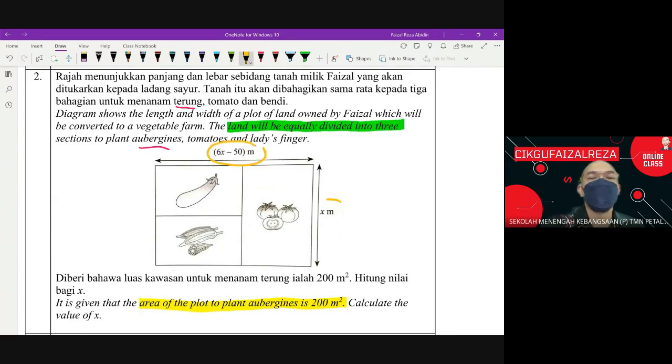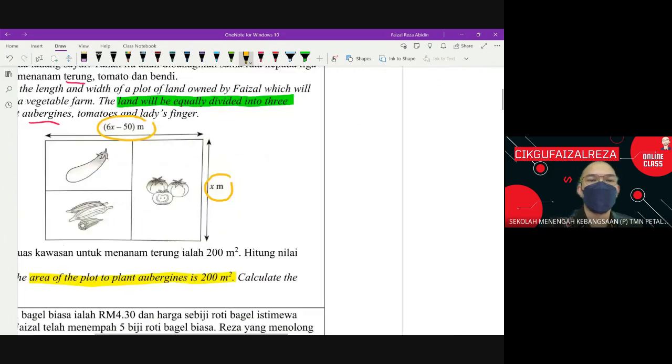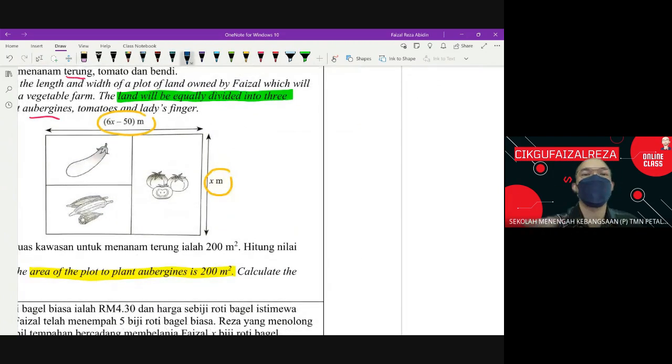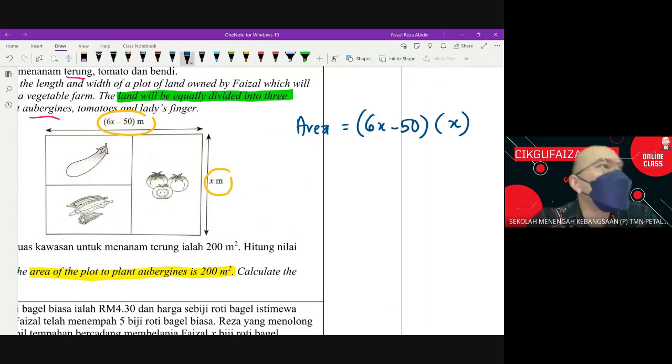How do we get area, class? Length times width, isn't it? If I want to find my area, you are going to have 6x minus 50 as your length, times x. Am I right? That's going to be your area.